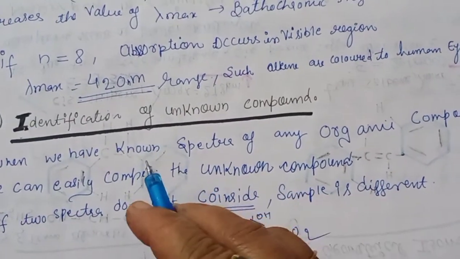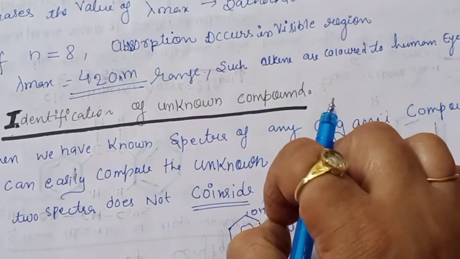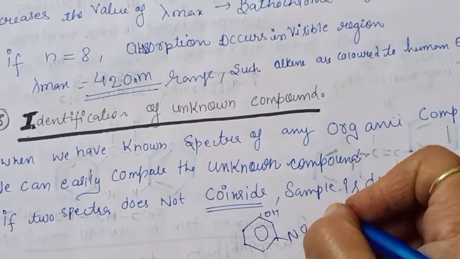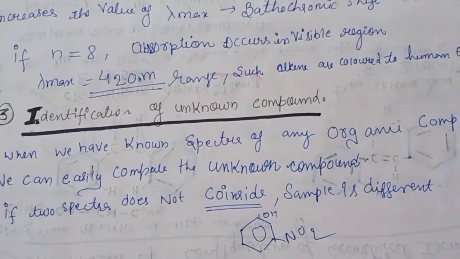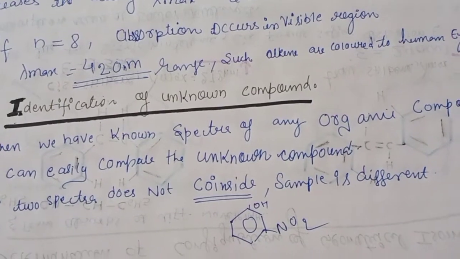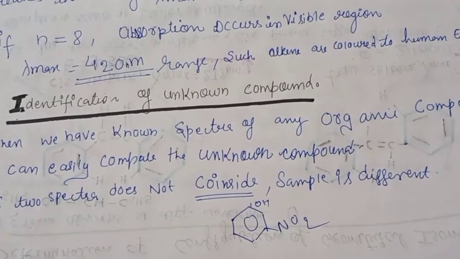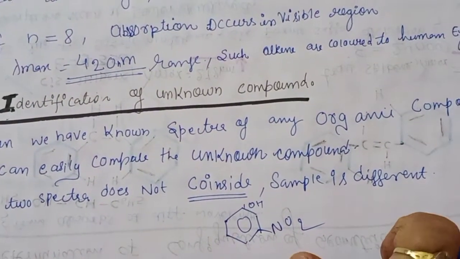Means if an unknown sample is given and you have to identify it, and you already know the spectrum of the known compound, then if the spectra coincide, it is the final product, otherwise the sample is different. So you can easily identify the unknown compound.